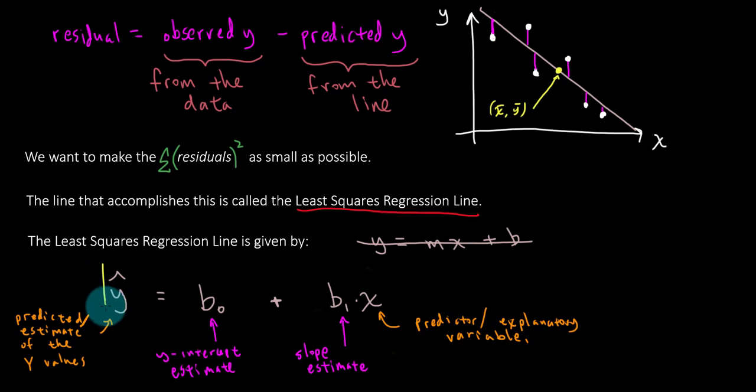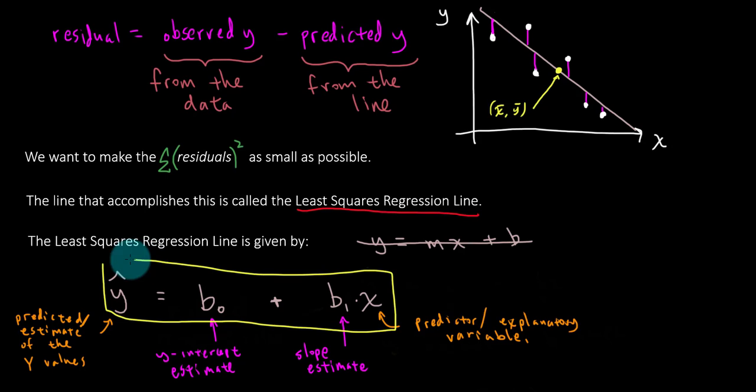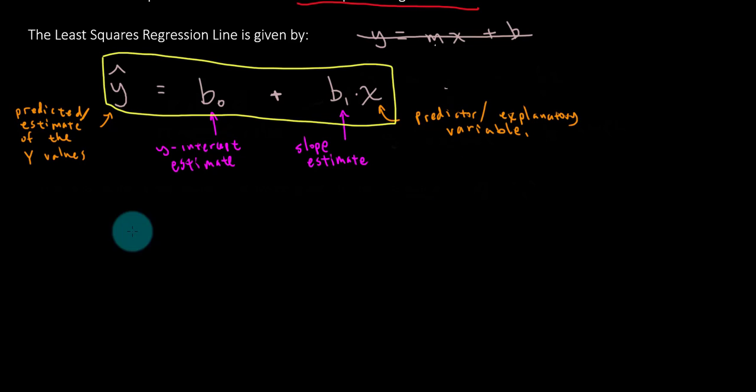We're going to talk about some more elements regarding the least squares regression line here. For instance, how do we obtain these estimates for slope and intercept? And as a reminder, we are estimating these because this is based on sample data used to estimate the population slope or the population intercept.